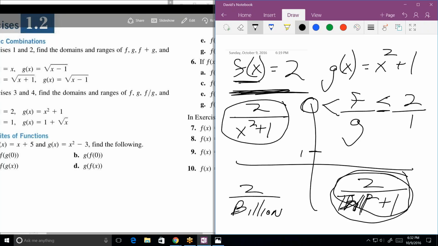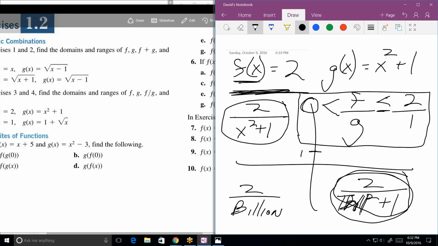As the denominator gets bigger and bigger, the result of the division gets closer and closer to 0. But it never hits 0. There's no way to ever make it 0. So this is a greater than, not a greater than or equal. So there's your answer for the range on number 3.